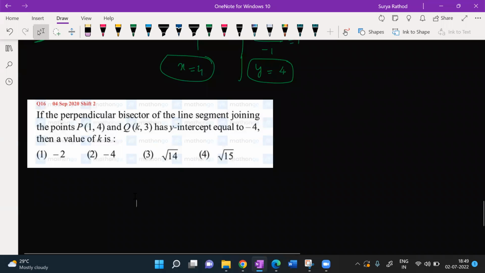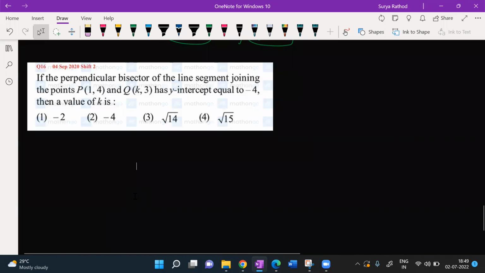If the perpendicular bisector of the line segment joining the points P and Q has y-intercept equal to minus 4, then the value of k is what?